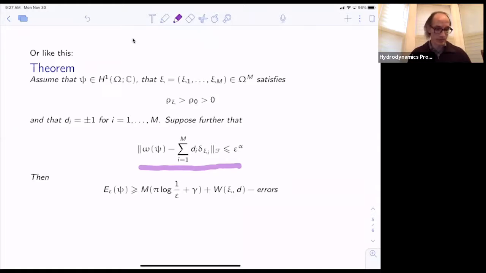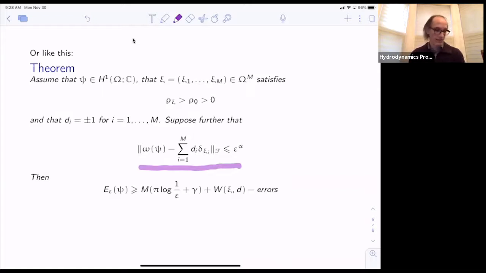Here I'm imagining that c sub 1 up to c sub m are the points I found with the previous theorem. I started by having some kind of coarse information about where the vortices are. The previous theorem says I can find some nearby points where the vortices are really, really concentrated. I assume that their intervortex distance is bounded away from 0, and their distance to the boundary is bounded away from 0 by this number rho naught.